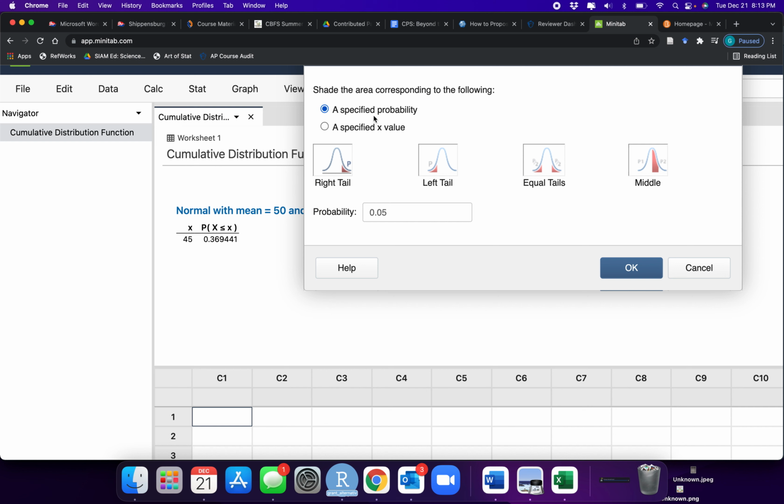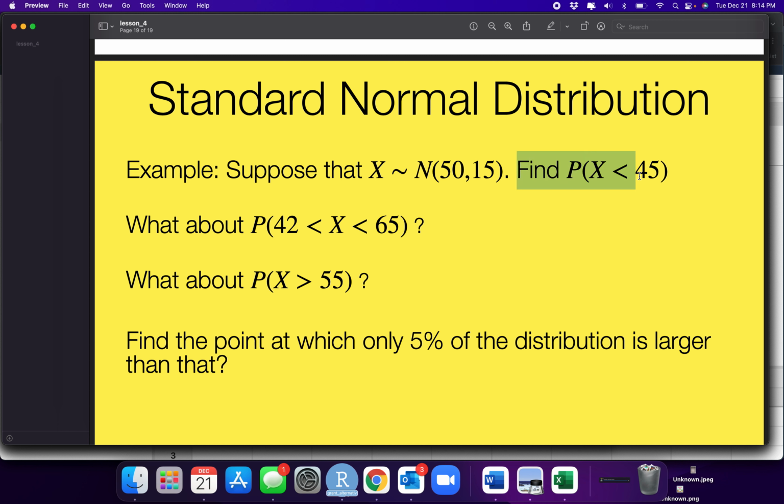You can either ask for a specific probability or a specific x value. Meaning, do I give you a probability and ask you for an x, or do I give you an x and ask for a probability? For us, in this question, I give you an x and ask for a probability.